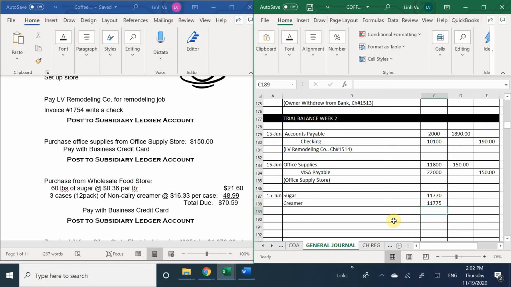And it's Visa payable, and that is 22000.